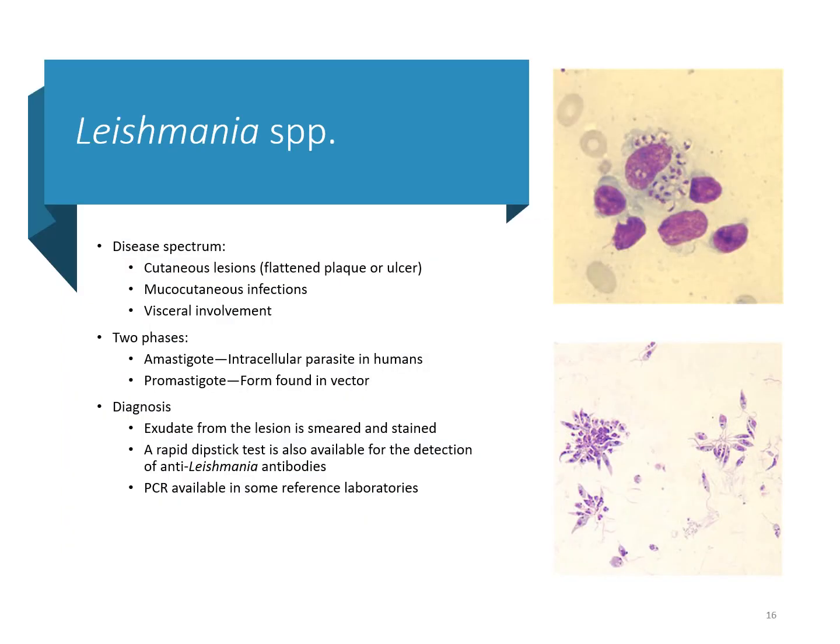So there are a few different Leishmania organisms that cause different disease states. There are organisms that can cause a cutaneous type lesion, which can cause a boil type lesion.